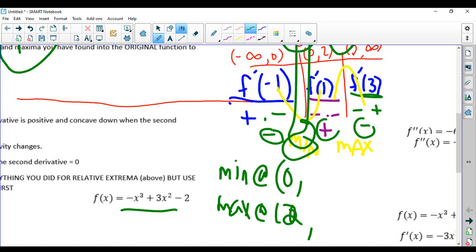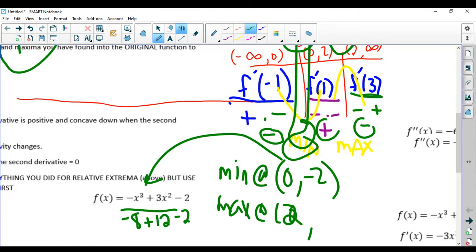If you plug 0 into this function, you'll obviously get a negative 2. If you plug in 2, you'll get a negative 8 plus 3 times 4, which is 12, minus 2. That will be 2.